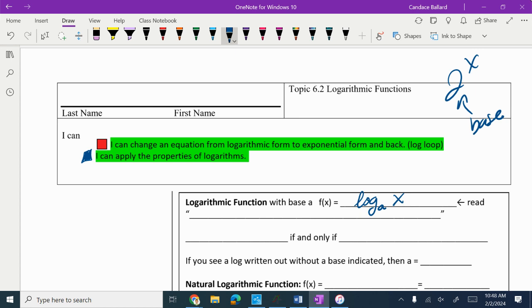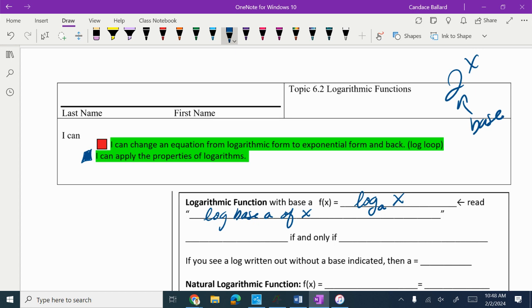That's the base of the log. So the way we read it is log base a of x. Usually that a is going to be a number: log base 2 of x, log base 3 of x, log base 10 of x.